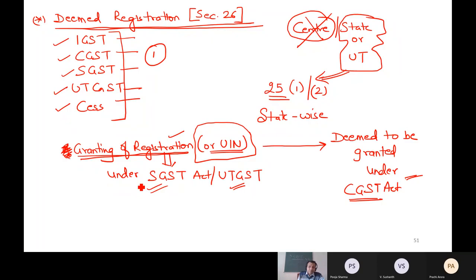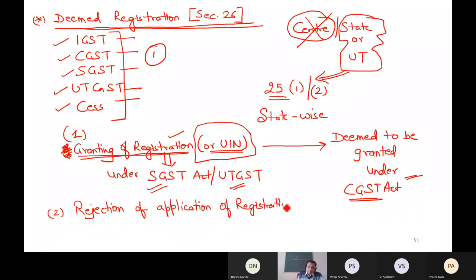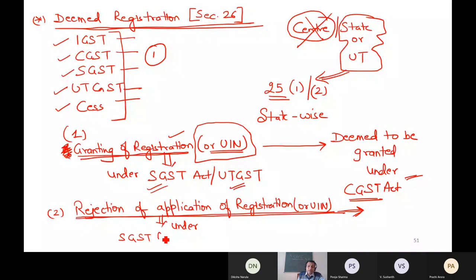Similarly, any rejection of application of registration or application of UIN, because if states or UTs can give, they of course have a right to reject also.